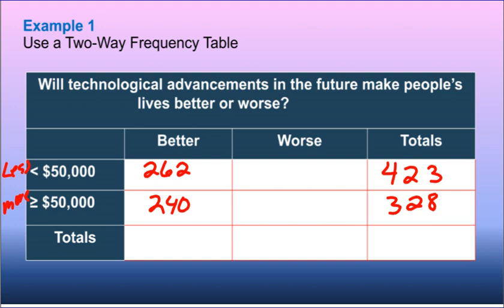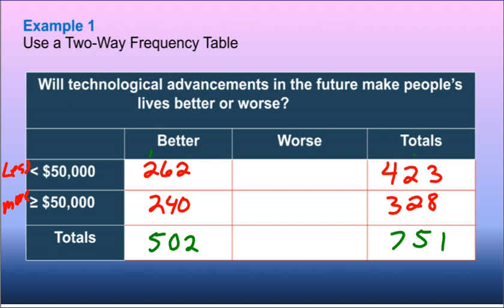I can find the total who thought their lives would get better by adding straight down, and I get 502. And then going straight to totals, I can add the totals here. This will give us 751 total people took the survey.